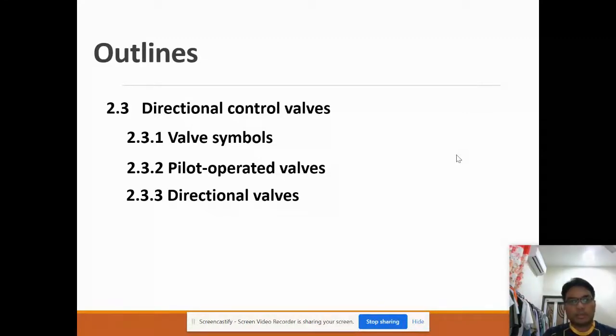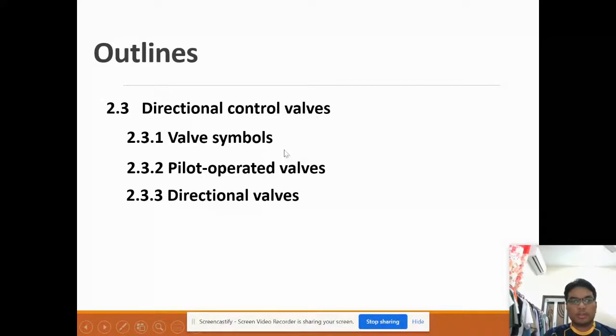For today's lecture, we go into more detail on the valve itself, for both pneumatic and hydraulic systems. It is under 2.3, the chapter on the directional control valve.